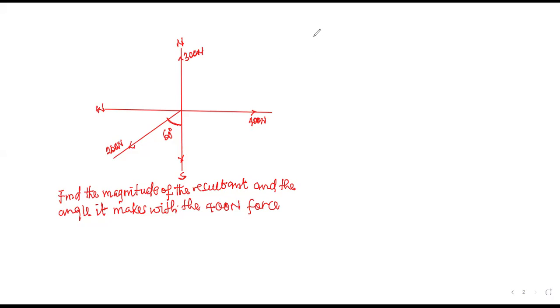Let's resolve them into components. This is 0, 300, meaning it has vertical and no horizontal. This is also 400, 0.